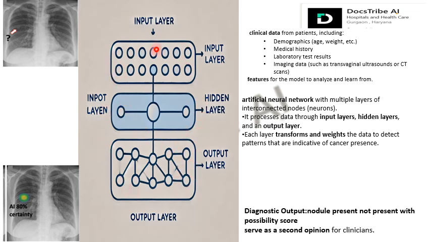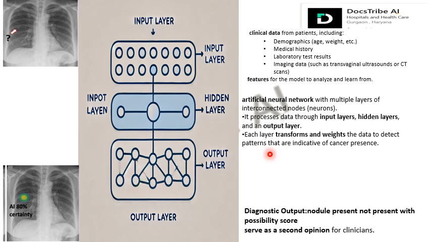They keep on processing, and these are all mathematical. There are weights, there are tokens, there are a whole lot of things. I'm not an engineer, and it is very difficult for me to understand the core mathematical equations. But as a healthcare professional, if you know this much, it should suffice for you to get into AI, to think about using it in your clinical practice in a very wise way.